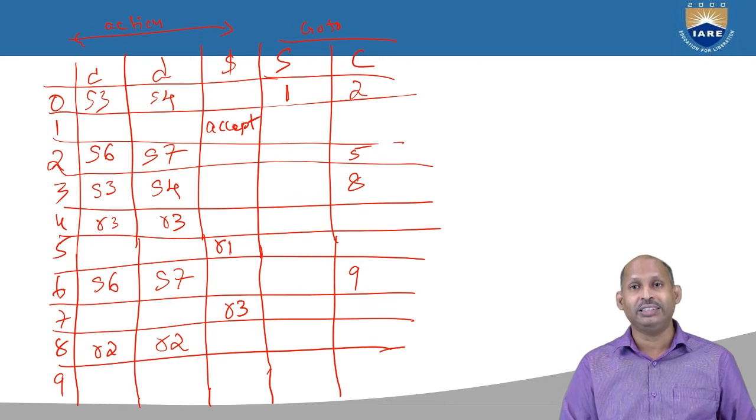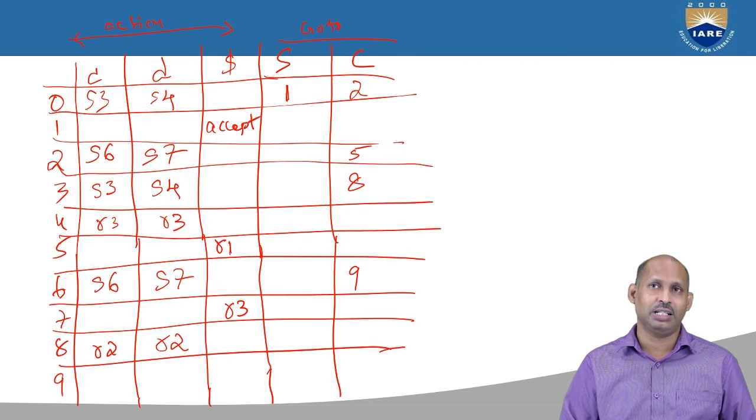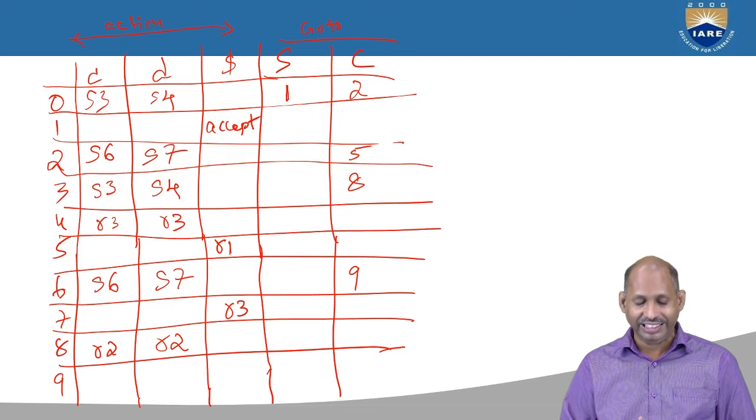R2 means reduce the production number 2. So we write in both the locate symbols, that is C and D. Okay. So that is the eighth state.